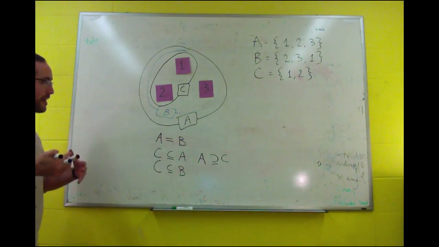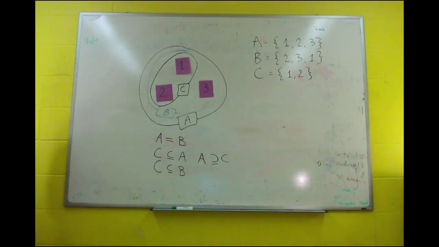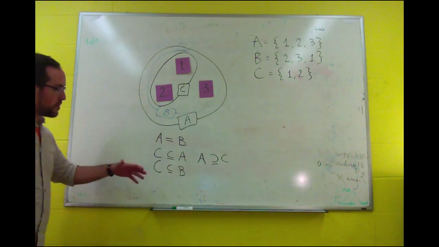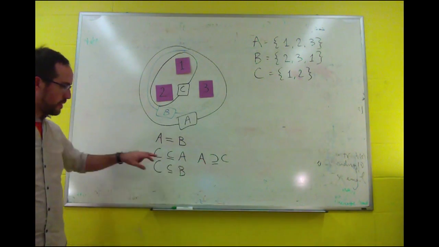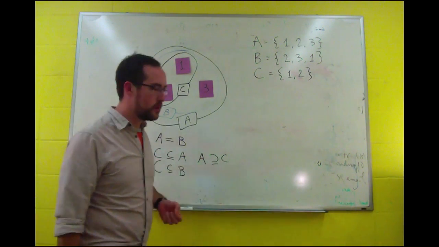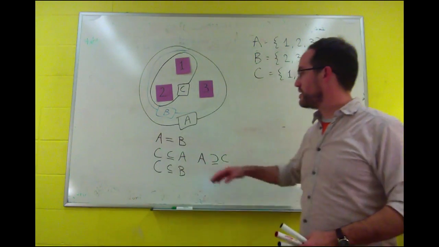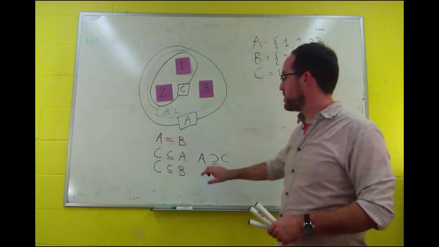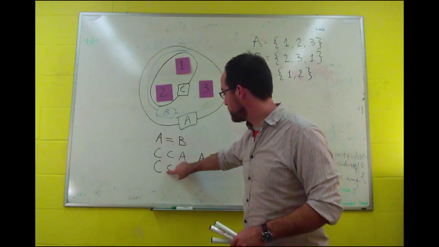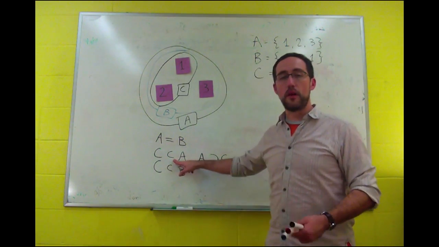Now, in the case of C, you might be wondering, with the subset or superset symbol, why bother with the line? Well, in this case, we happen to know that C does not have all the members of A. And we could write this without the line as a result. This would indicate a proper subset.